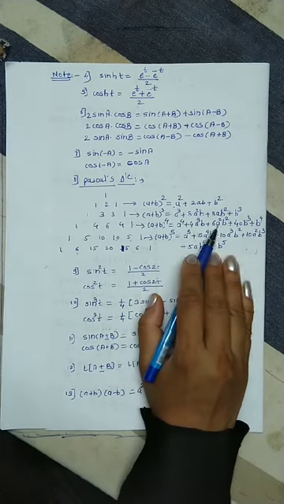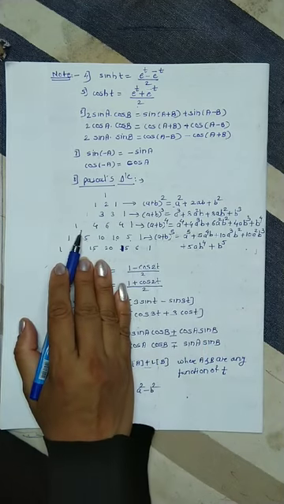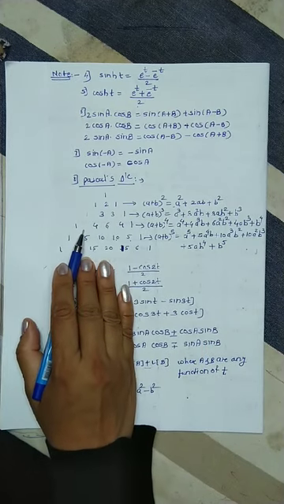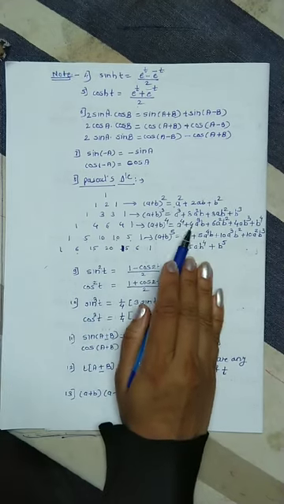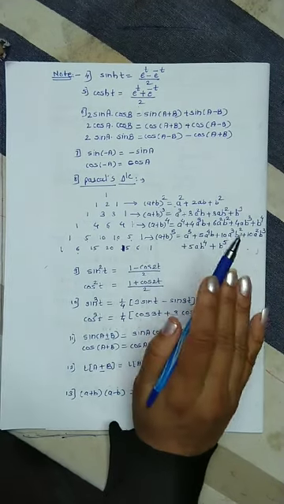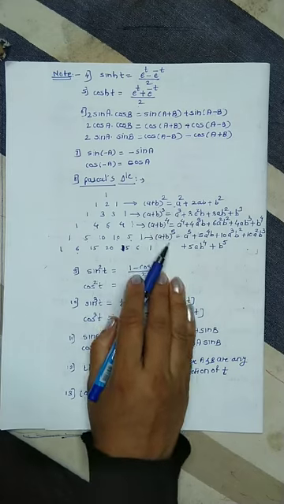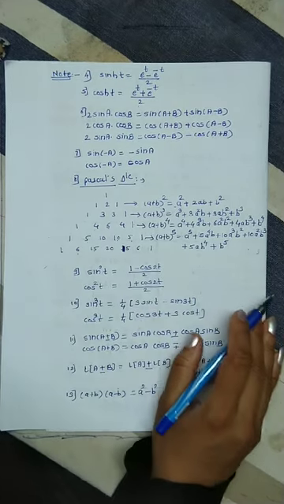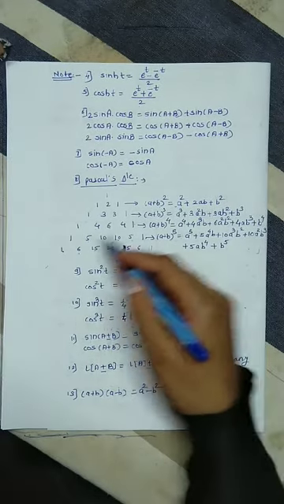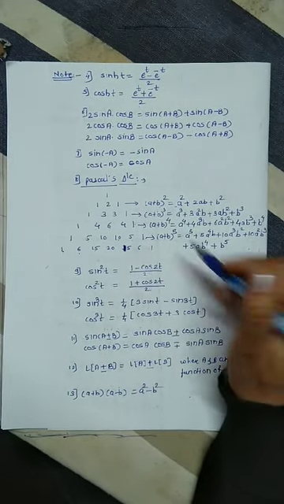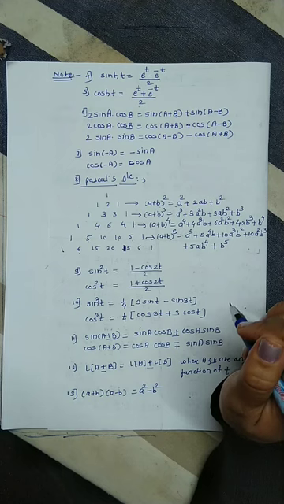And this coefficient we have to take from the fourth row of this Pascal triangle, that is 1 4 6 4 1. Like this you can expand any power of (a plus b) using this triangle easily. This is a shortcut to expand any power.